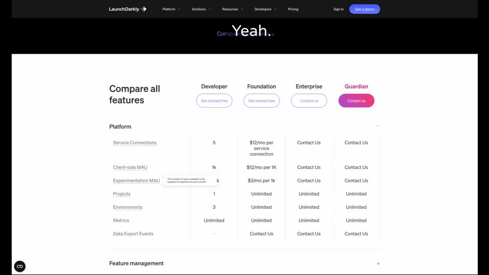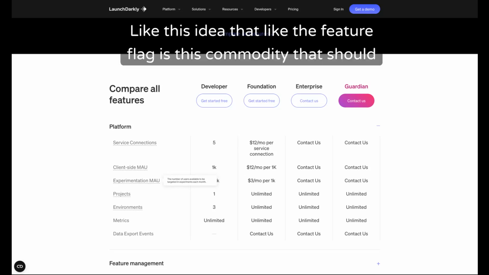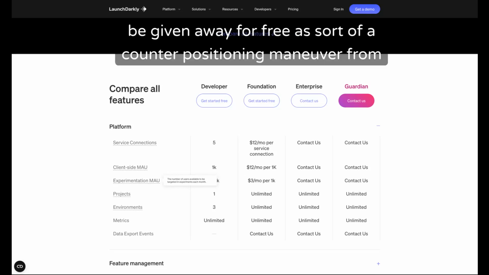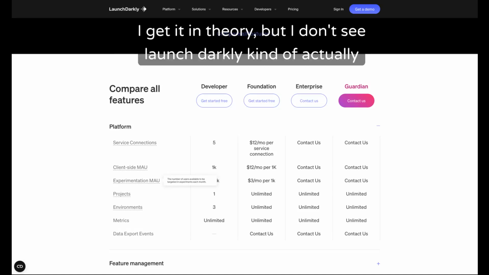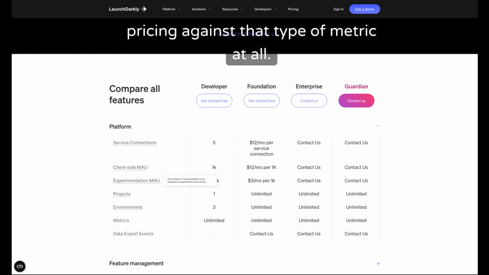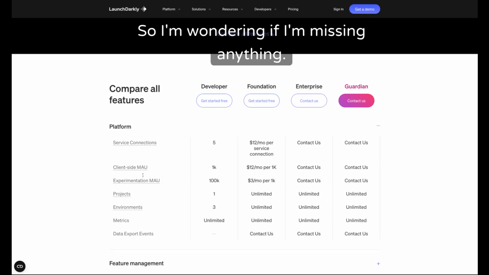Yes, that's right, that's their metric. But you see what I'm saying? This idea that the feature flag is a commodity that should be given away for free, as a counter positioning maneuver from Statsig. Right. I get it in theory, but I don't see LaunchDarkly actually pricing against that type of metric at all. So I'm wondering if I'm missing anything.